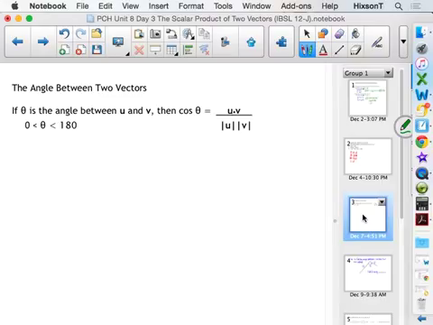The challenge is this. Well, we can easily draw 2 vectors on the coordinate plane and get the angle between them, and see it really easily. When we're dealing in 3 dimensions, it's a little bit harder.